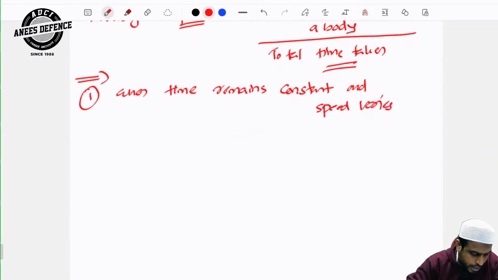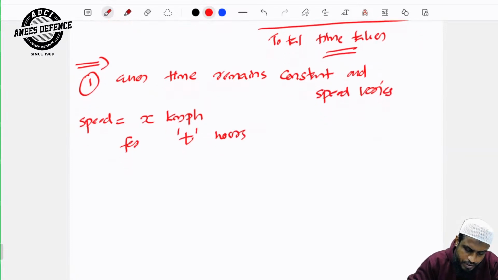For example, if a man travels at a rate of x kilometer per hour, kmph meaning kilometer per hour, that is the speed of a person who is traveling at a speed of x kilometer per hour for t hours. Time is t hours.